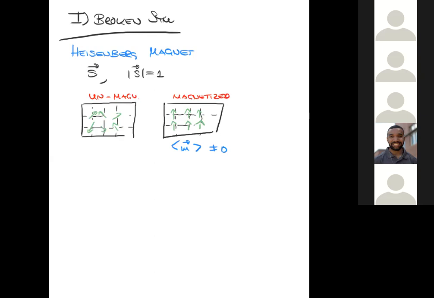And so one way to say this is that rotational invariance is now broken, because there is a preferred direction in my system. Whereas over here, the average magnetization is 0, which means there is no preferred direction in the system and rotational invariance is respected.